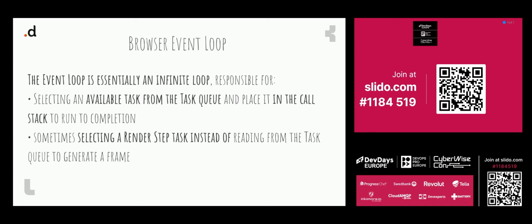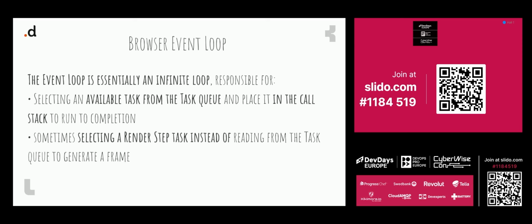Basically, an event loop is an infinite loop, and it is responsible for selecting a task from the task queue and placing it on the call stack for execution. Okay, but sometimes it selects a render step task instead of reading from the task queue.